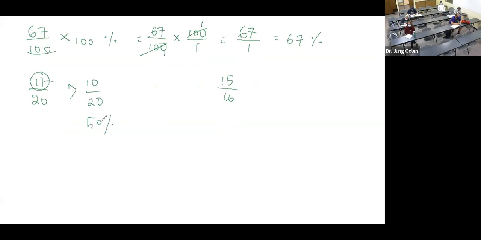So your answer should be slightly more than 50%. Use your number sense to check. And this one too, as you can see, is very close to one whole thing, slightly less than 1. So it's going to be slightly less than 100%. If your answer is like 70%, I don't think that's correct. So always use your number sense to check.